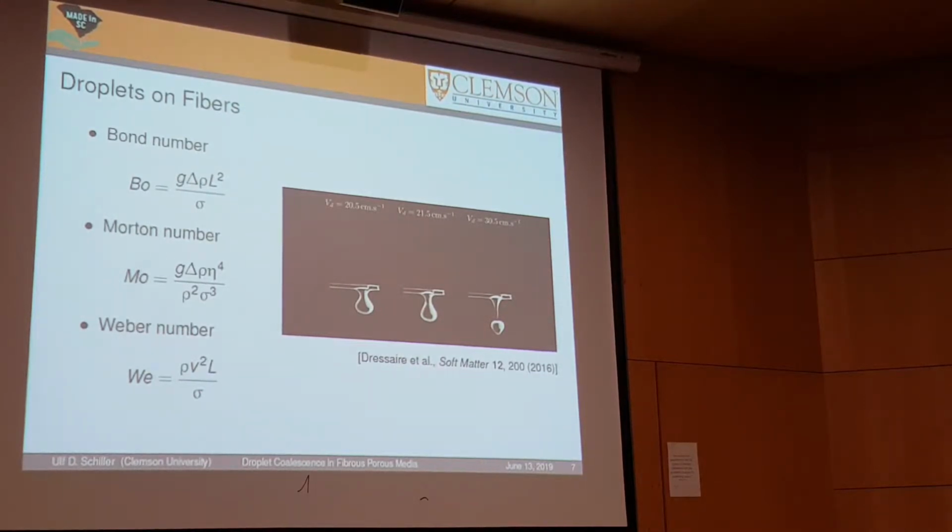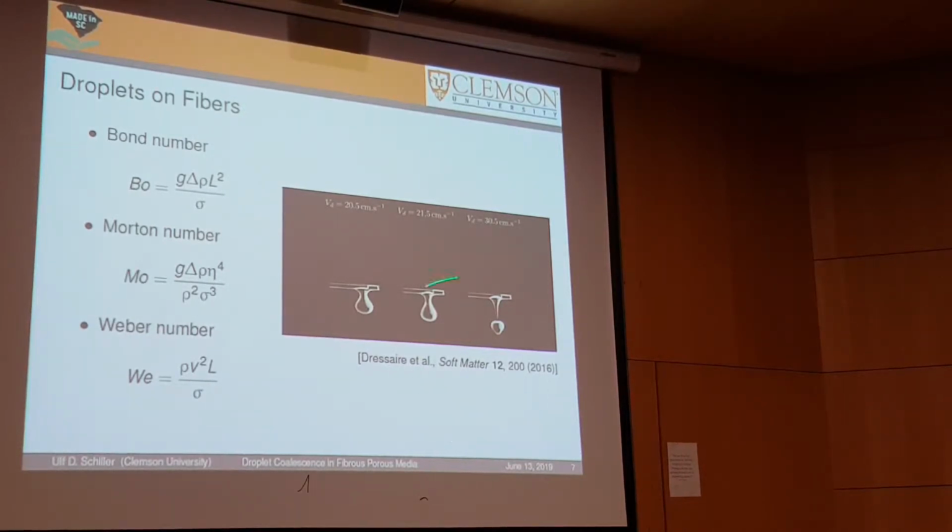What we are more interested in the end is the Weber number, which relates the advective velocity to surface tension. That basically controls how the droplets flow through the system, if you want. There have been some experiments on this, so we always need a reference to compare and validate our simulations.